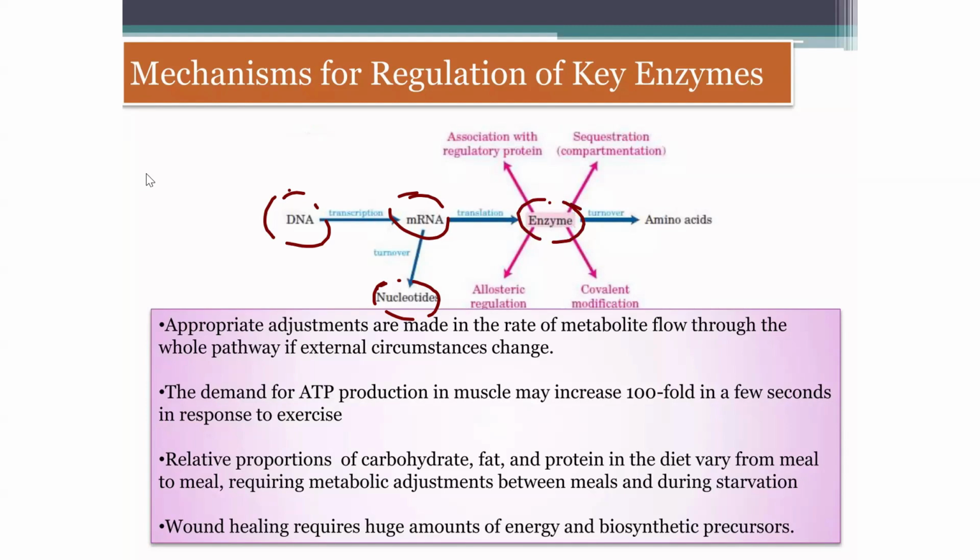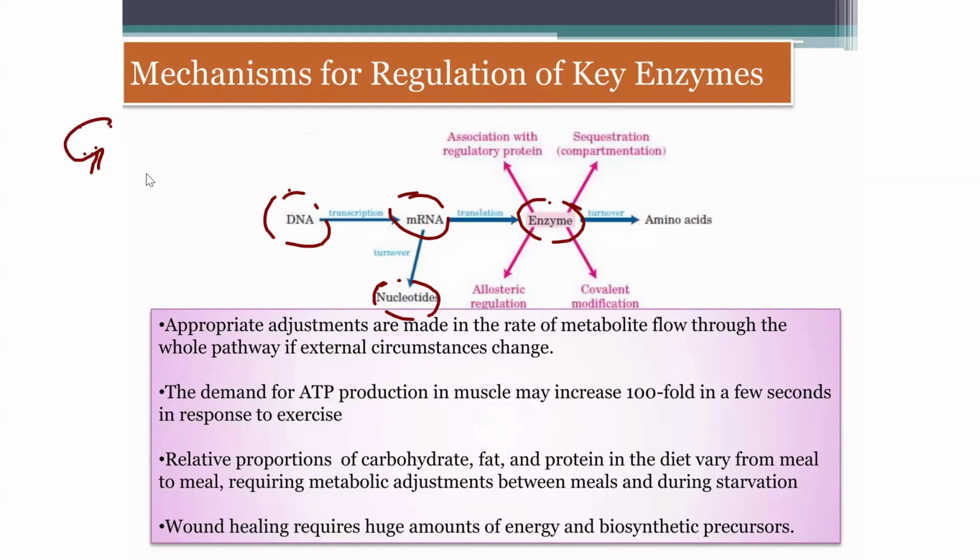Most of the enzymes are proteins, and if you want to increase or decrease the rate of a particular pathway, or the speed, for example, let's say you have glycolysis.